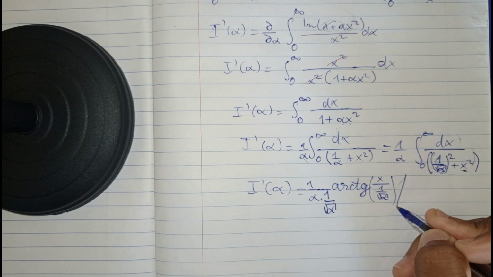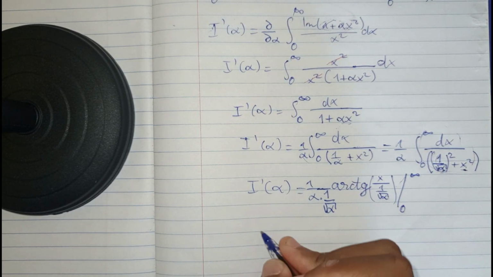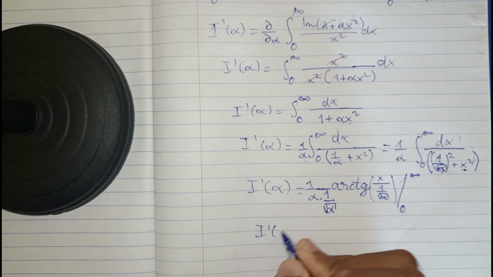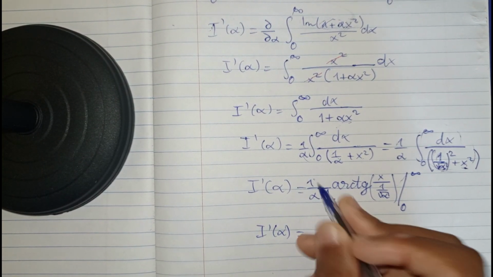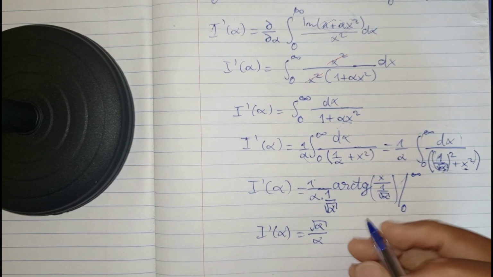Don't forget that we're going from 0 to infinity. The square root of alpha can come up by multiplying, and we get square root of alpha divided by alpha.